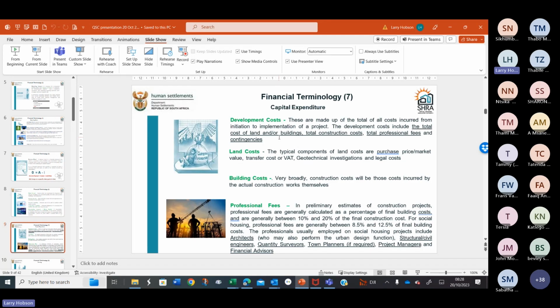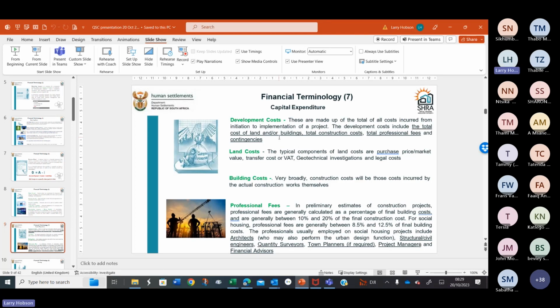Different components of that: you can purchase land. You'd include the price paid for the land. If you're a non-vatable entity and you've paid transfer costs or VAT and you can't reclaim it, that transfer cost or VAT would become part of the asset.